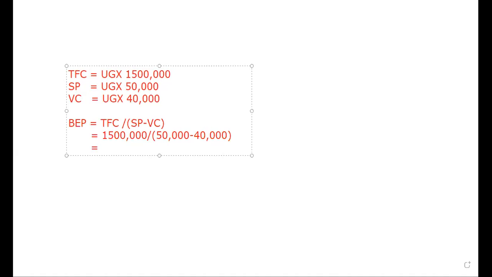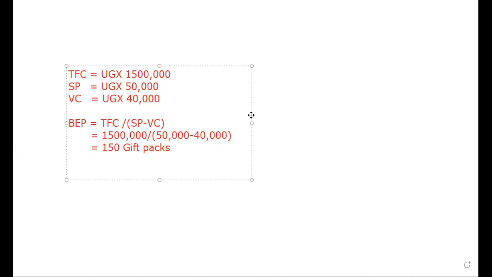Anyone? What is the answer, Adil? Question number 1. 150. Very good. 150 gift packs. Let's say not just 150, but 150 units or gift packs, because in this case study they are manufacturing gift packs. That's the answer for question number 1, 2 marks.